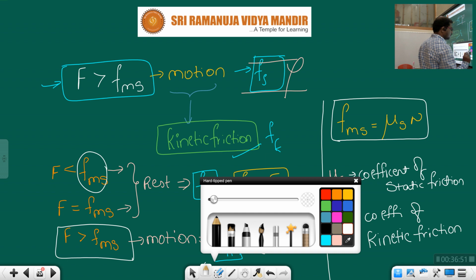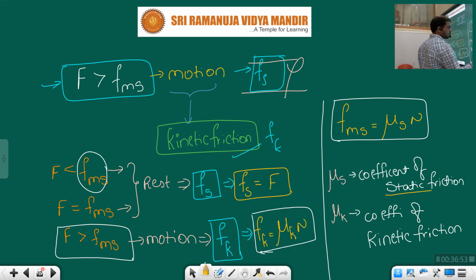Is this clear? Both are coefficients only, children. That is mu. Okay, children, see here. In problem solving, they will give you mu s and mu k both.